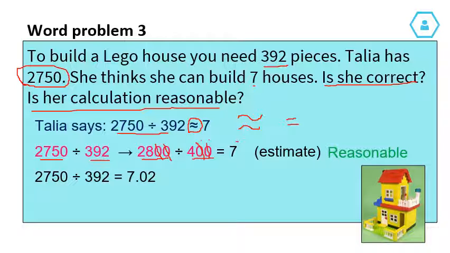So she does have enough bricks and a little bit left over to build 7 houses. Now, this is not saying she's got 0.2 bricks left over. She could technically build 7.02 houses. So is her calculation correct? Yes, it is correct. Even though here she didn't say it's equal to 7, she said it's close to 7. So yes, it is correct.